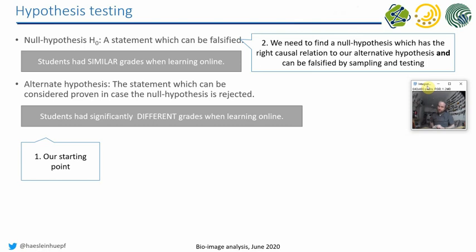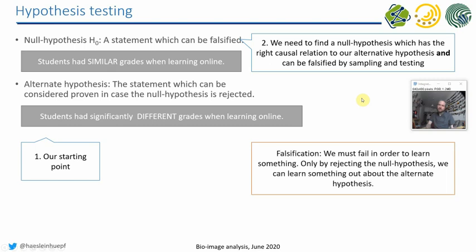This is what we would like to show, and then we have to think about how the negation of that looks, how there is a right causal relation to a null hypothesis which we can work on. The null hypothesis should be something we can falsify, where we can show that it is not true. And this is again, I was talking about it a couple of times during this semester, falsification. We must fail in order to learn something, and we flip our question from the question we actually would like to answer.